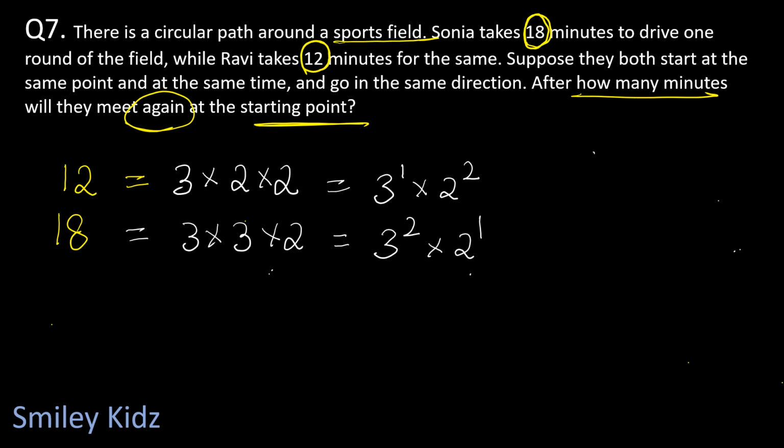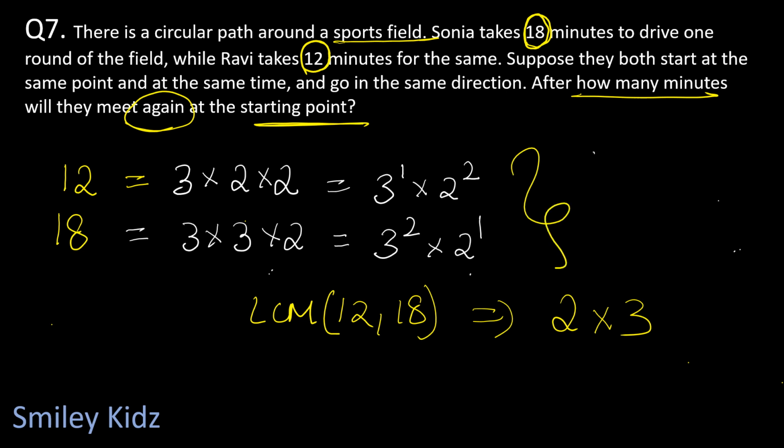Now tell me, what is the LCM of these two numbers? LCM will be equal to the product of the greatest powers, isn't it? The given two numbers have 2 and 3 in the prime factorization, and we are aware that 2 square is greater than 2 to the power of 1, and 3 square is greater than 3 to the power of 1.